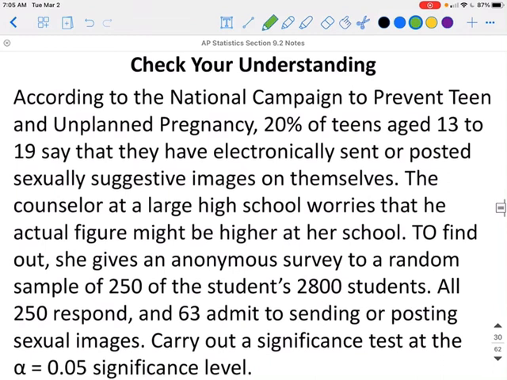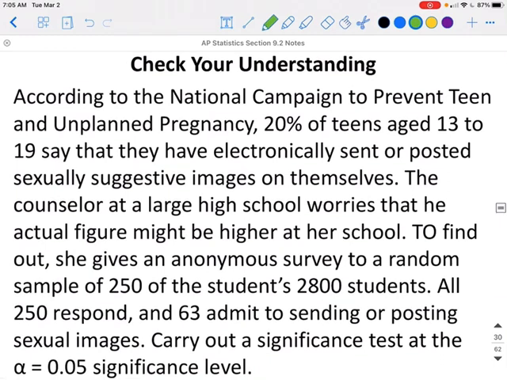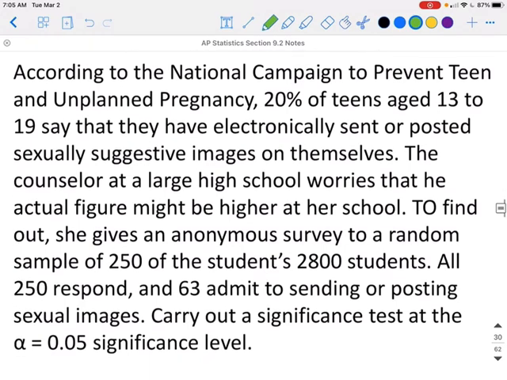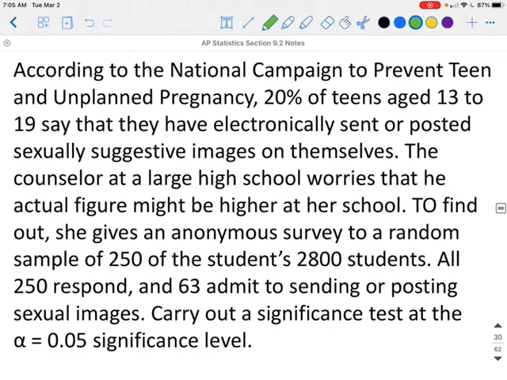Now, let's check our understanding. According to the National Campaign to Prevent Teen and Unplanned Pregnancies, 20% of teens aged 13 to 19 said that they have electronically sent or posted sexually suggestive images of themselves. The counselor at a large high school worries that the actual figure might be higher at this school.